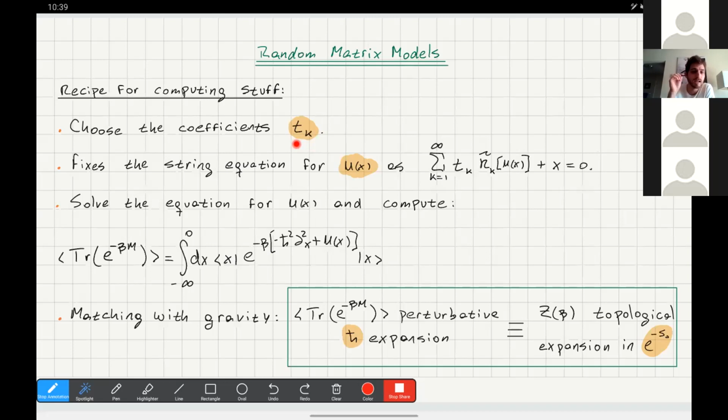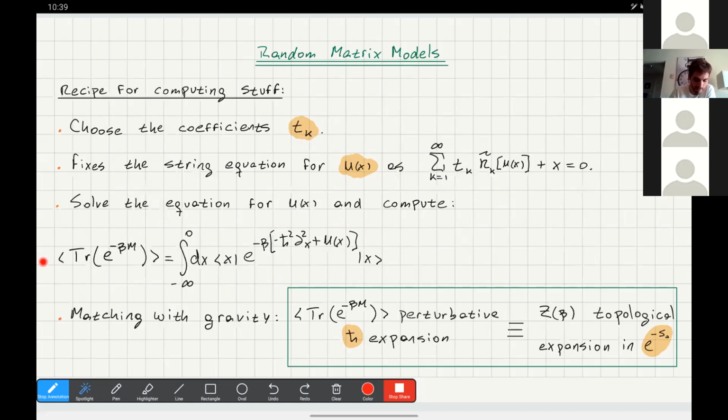Taking a particular set of coefficients will give you one theory. If you change them, you get another theory. These coefficients Tk determine this string equation that you see over here, which ultimately determines the function U of X.